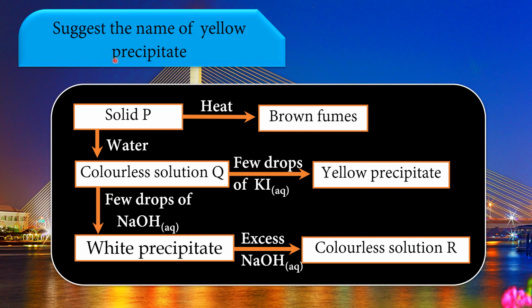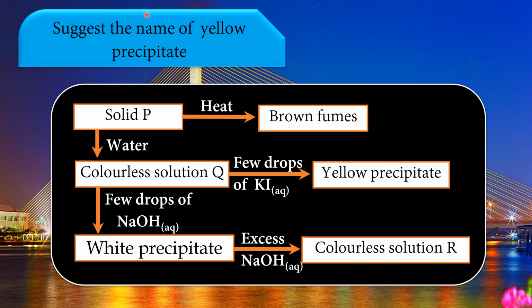Suggest the name of the yellow precipitate. Here, when we got our P and dissolved it in water, we took part of that colorless solution, added a few drops of potassium iodide, and we got a yellow precipitate.